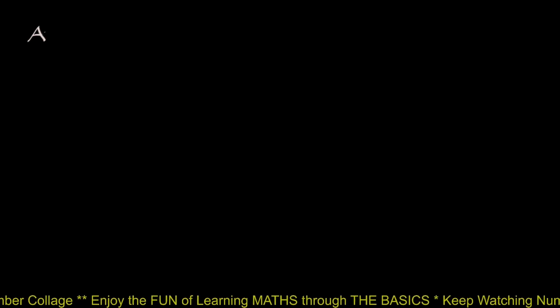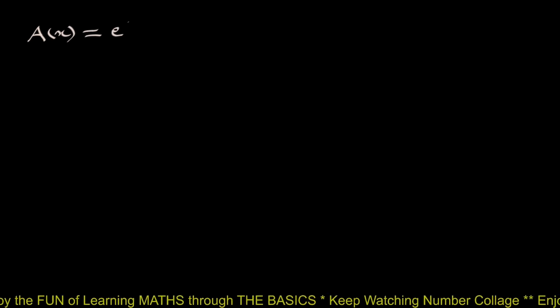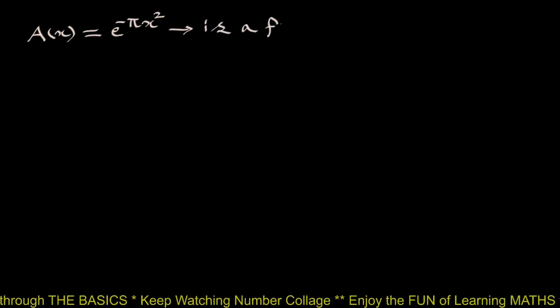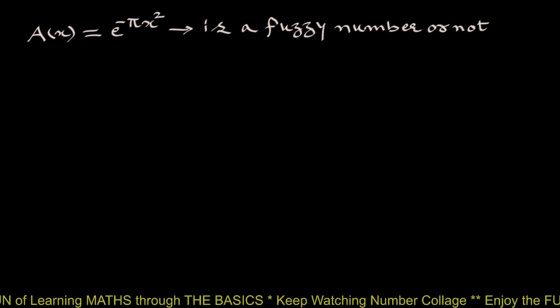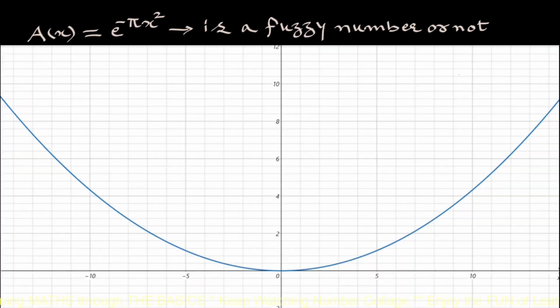Let us check whether fuzzy set A of x equals e raised to minus pi x square is a fuzzy number or not. The graph of this fuzzy set would look somewhat like this. This is graph of A of x equals e raised to minus pi x square.